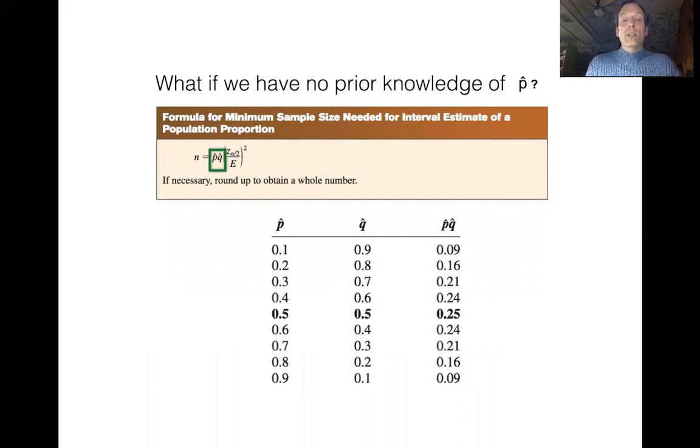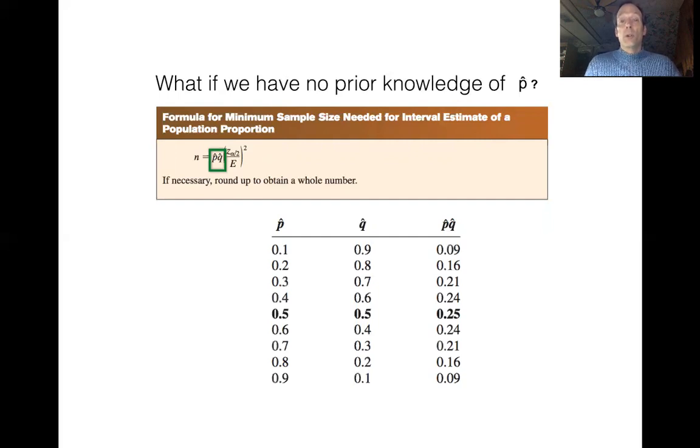Now look what happens when we assign a value for p hat and q hat of 50%. If you look, the product is 0.25, and that coincidentally happens to be, the way the math works, the highest number you could get for a product of p hat q hat, meaning 0.25 is higher than any other number in that third column.